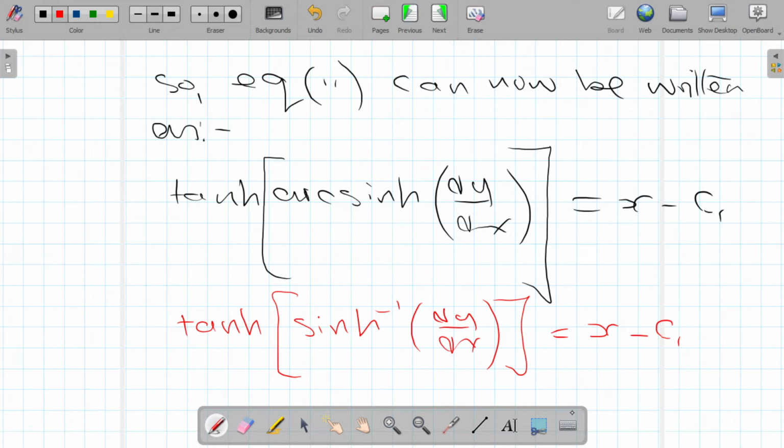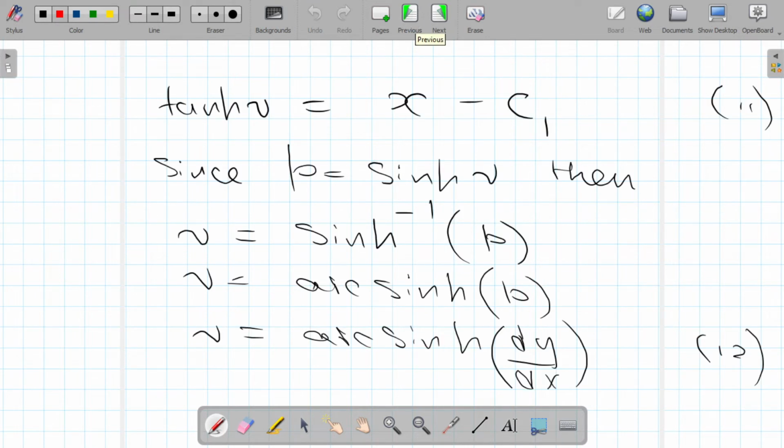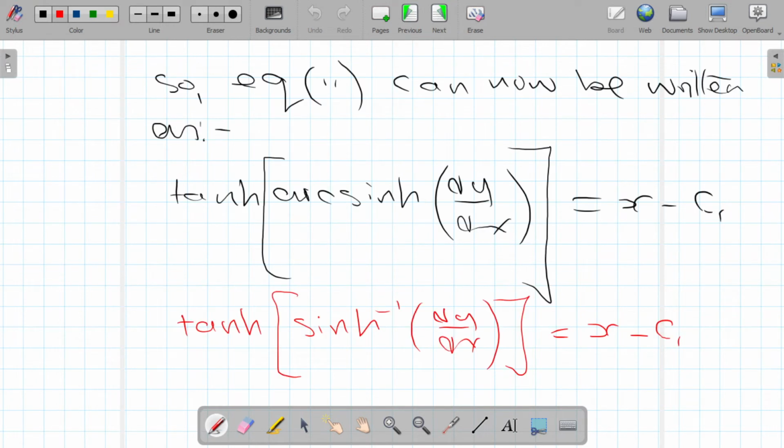So anyway, what we have to do now is get this dy by dx on its own. So first of all, we'll just label this equation. So let's get the black ink again. So we'll call that equation 13. I suppose you could say this red version here is also equation 13. It's identical to the one in black. But anyway, to simplify equation 13, we just take the inverse tanh, or the inverse hyperbolic tangent, of both sides, right?